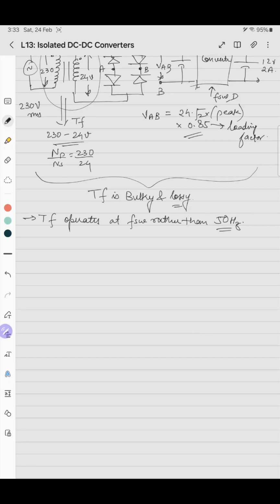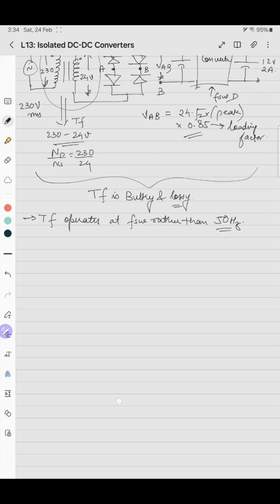The number of turns decides the voltage induced across the secondary for a given primary voltage, but the size of the transformer is decided by many factors, and one very important factor is the operating frequency. The requirement of magnetizing inductance depends on the core material type, iron core or ferrite core. Hysteresis losses are proportional to frequency to the power n, and eddy current losses are proportional to frequency squared.